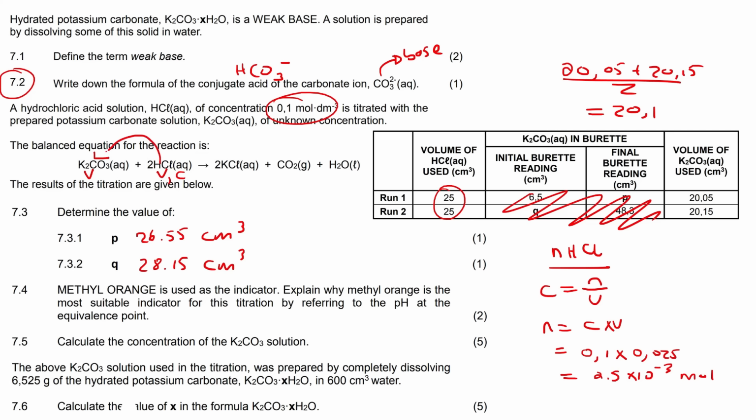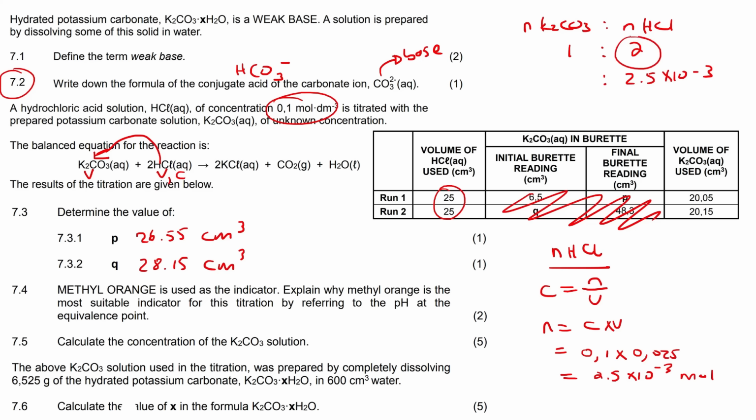Now I can just use the mole ratio to get the moles of K2CO3. So I know that the mole ratio of K2CO3 to the moles of HCl in the equation is 1 to 2. So if I then fill in 2.5 times 10 to the minus 3, I can see, without having to do any fancy maths now, that the HCl is always going to be double the K2CO3.